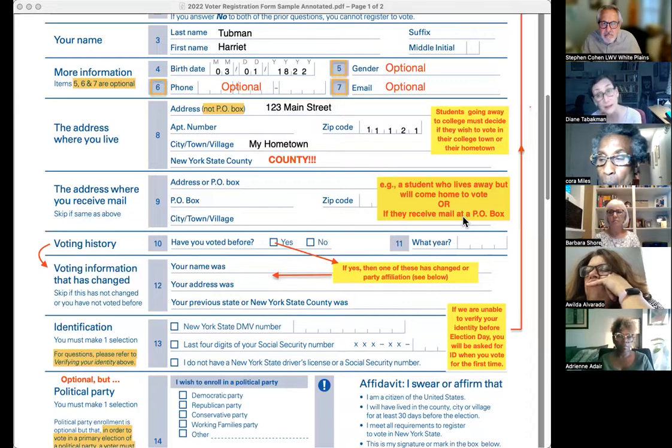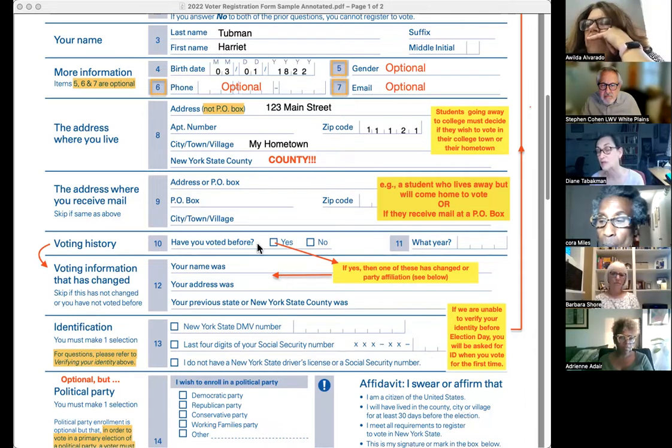It could be a relative willing to take the mail from the Board of Elections, but that's not necessarily what would determine the appropriate polling place. The polling place would be based on where the person sleeps.